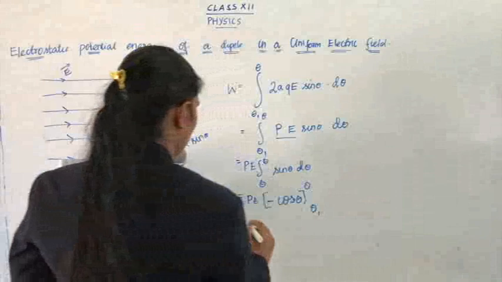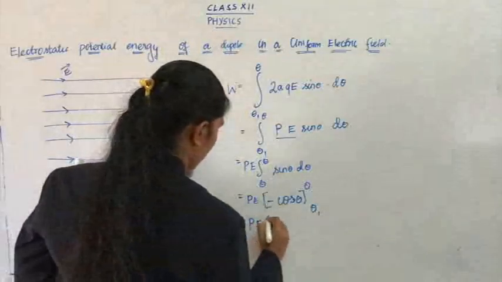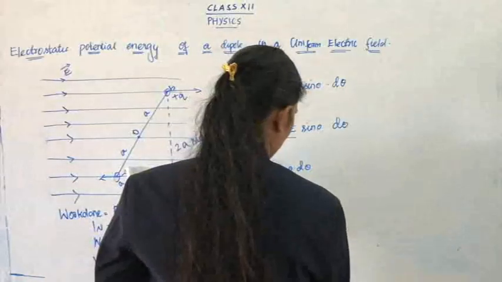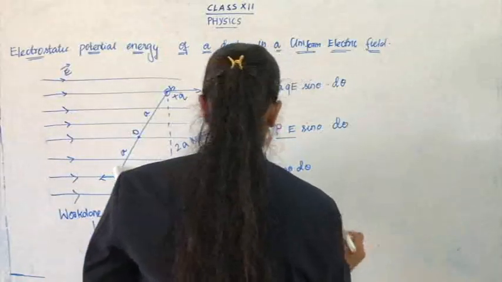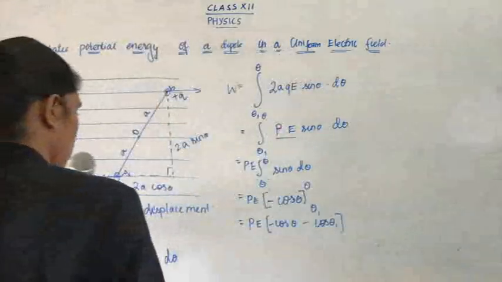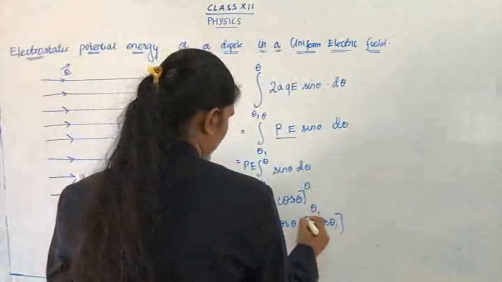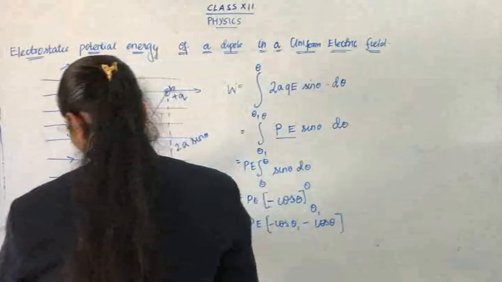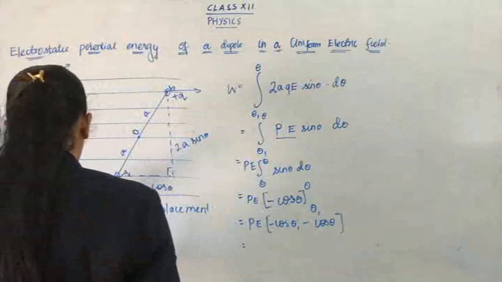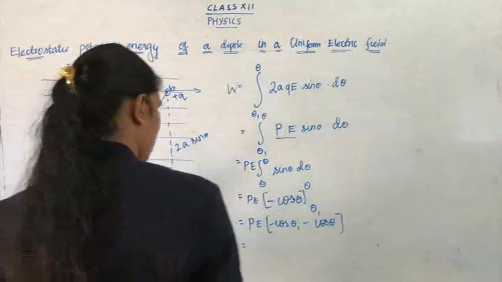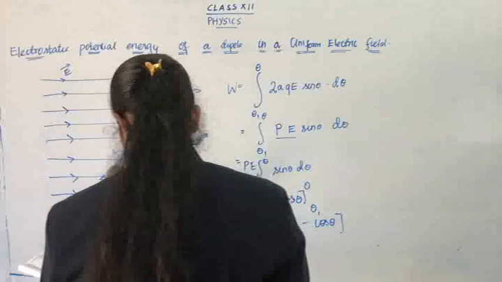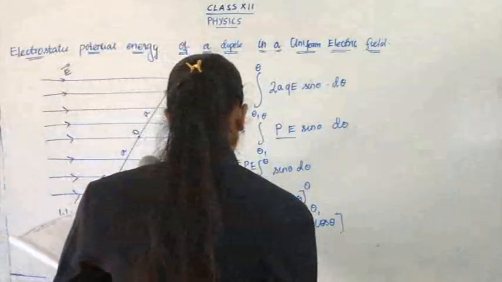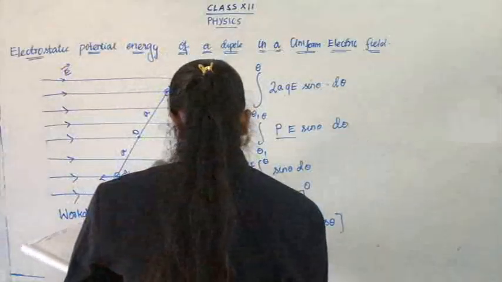Right. Now you put the limit. Minus cos theta, minus cos theta dash: upper limit minus lower limit. PE times minus cos theta minus of minus cos theta dash.